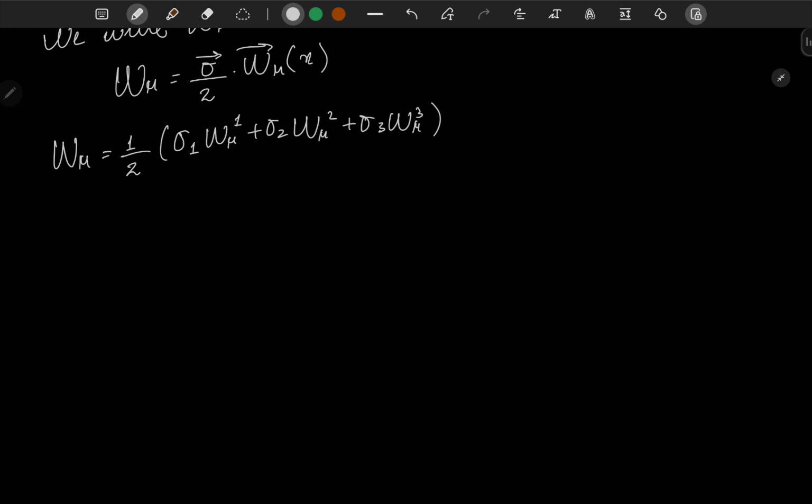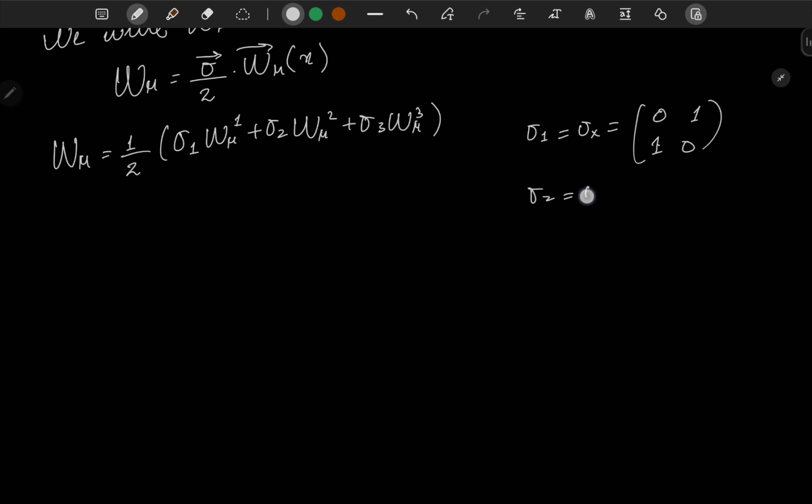And let me remind you of the Pauli matrices. Sigma 1, also called sigma x, was 0 1, 1 0.